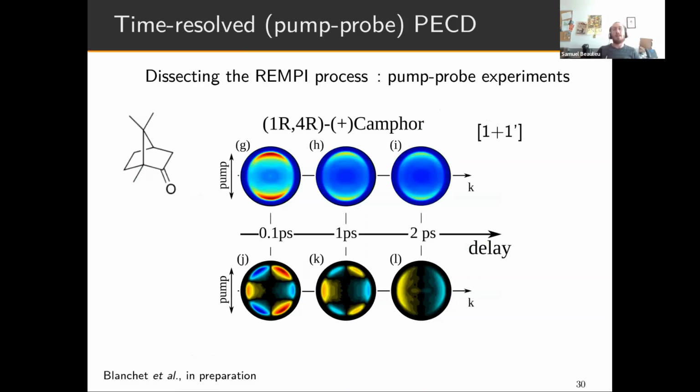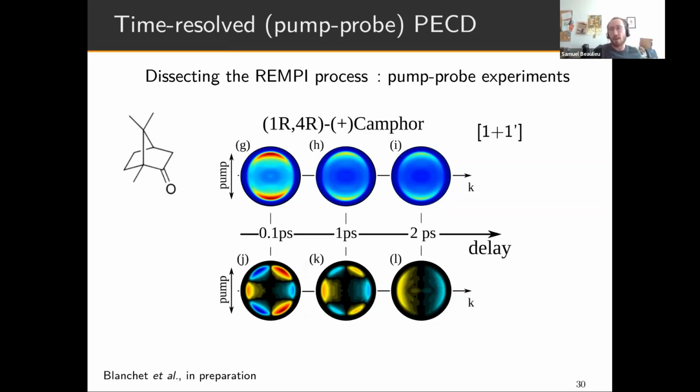And here's another example of 1+1' pump probe PECD using the very same setup and same wavelength, to study the dynamics of a structural isomer of fenchone, which in this case is camphor. In this case, if you look at B0, the photoelectron spectrum, as well as the PECD evolution, it was shown that the PECD has an even richer angular dynamics evolution of its signal.